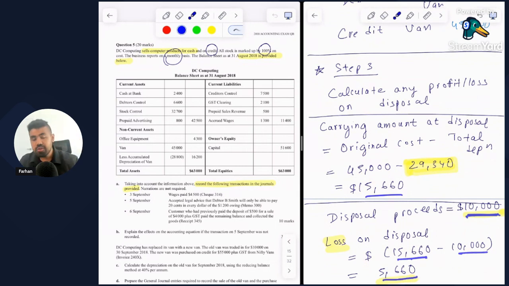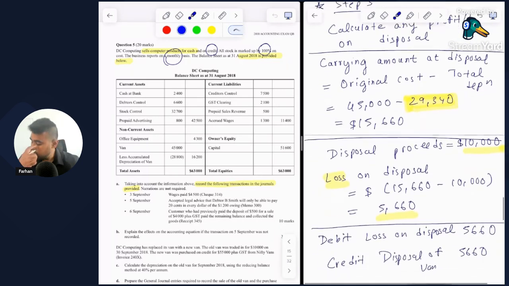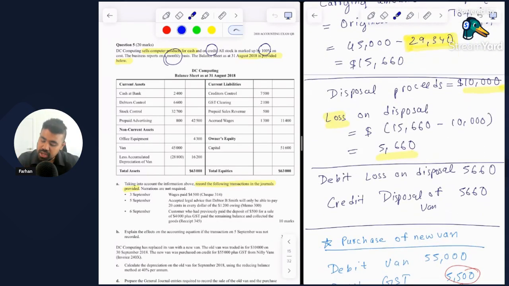Okay? The loss on disposal is an expense for the business because it clearly indicates a reduction in economic benefits, and that is why this is an expense. Every time the business incurs an expense, what do we do? We debit it. So when it comes to the journal entry, you start by debiting the loss on disposal by $5,660, and the corresponding credit entry would be the disposal of van, which is $5,660.